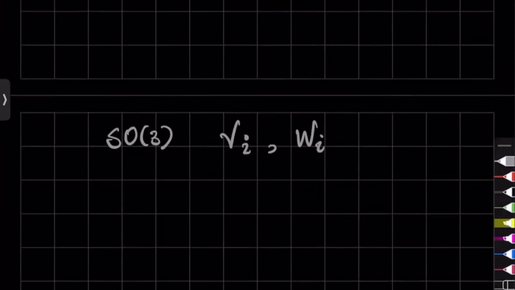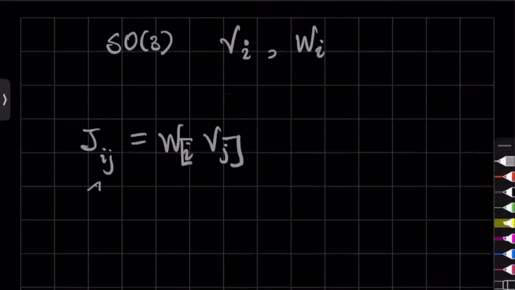Now suppose that I consider the antisymmetric combination of these two. Let's call it J_{ij}. Can someone tell me the number of independent components of J_{ij}?